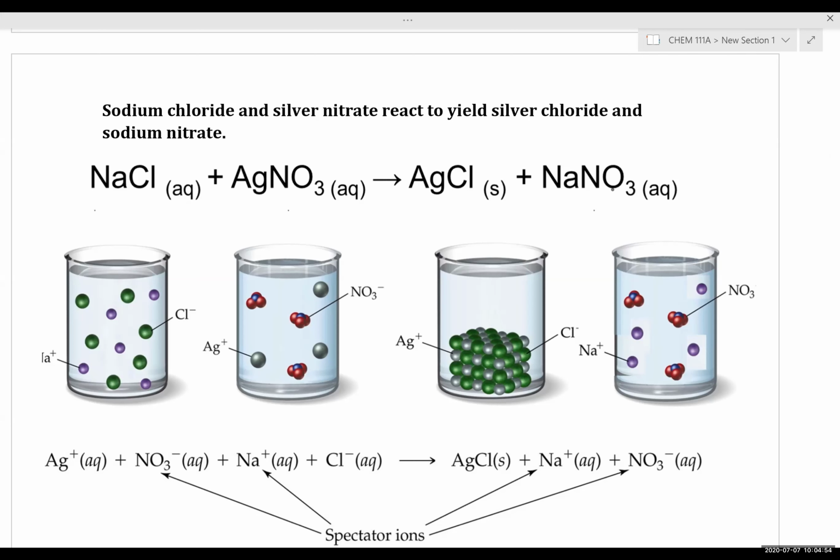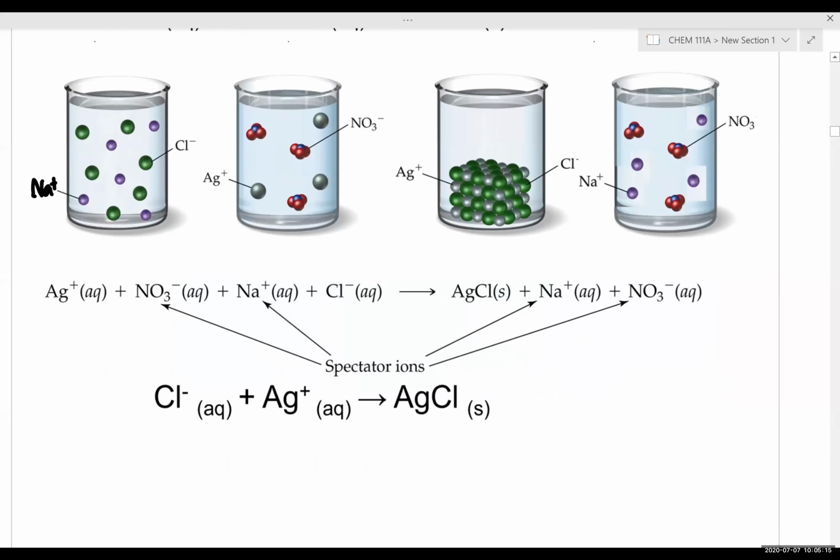So we have sodium plus chloride in our sodium chloride solution. We have silver plus and nitrate in our silver nitrate solution. So this will help us visualize how to break down our ionic compounds into their component ions. And then from this total ionic equation, we can in turn identify our spectator ions and cancel our spectator ions. So if you prefer drawing pictures, there's always an option available.